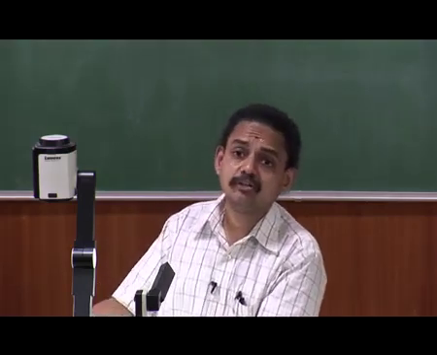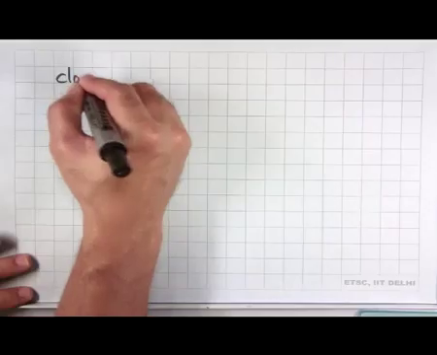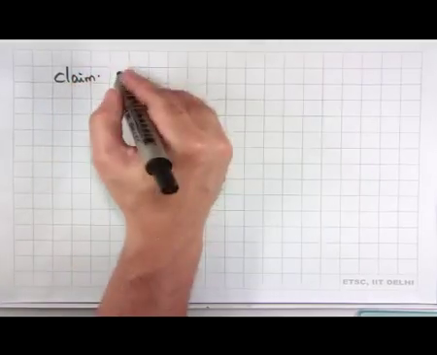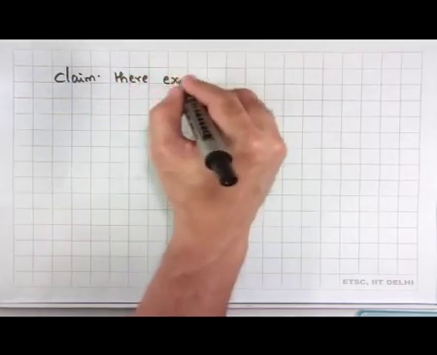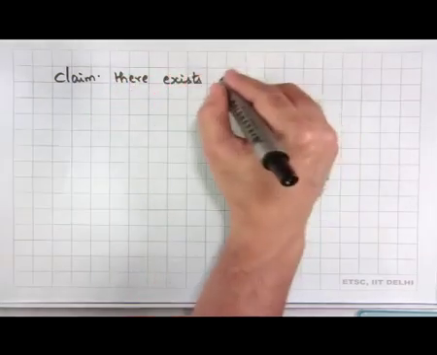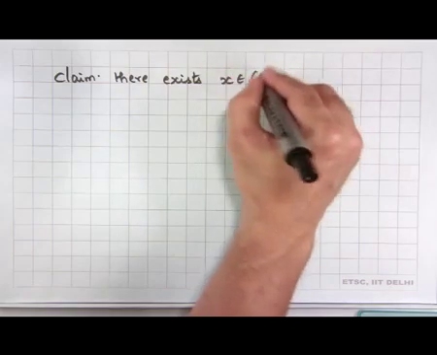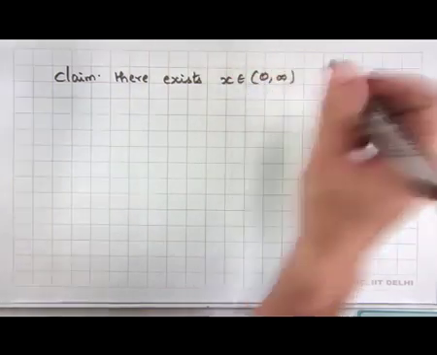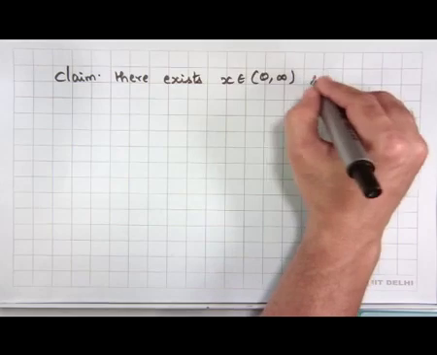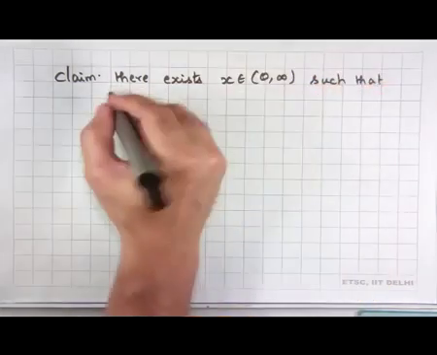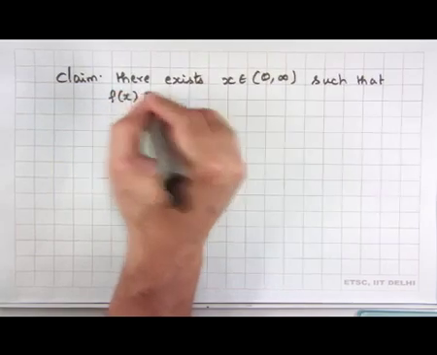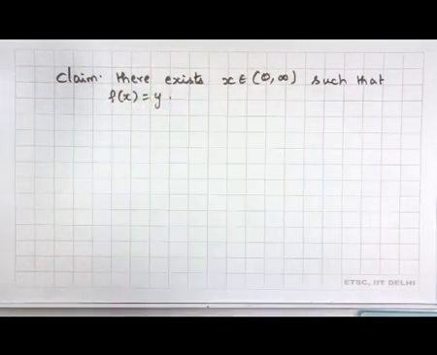So, once we have chosen this, our claim is that there exists x in the open 0 open infinity in this infinite interval such that f x equal to y.